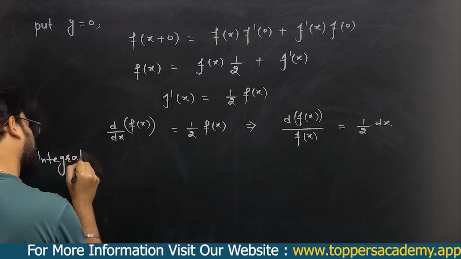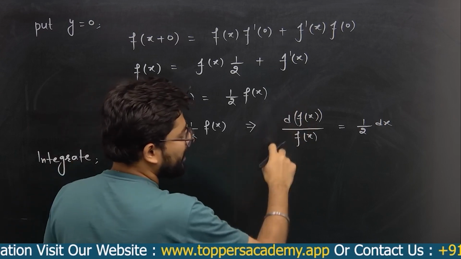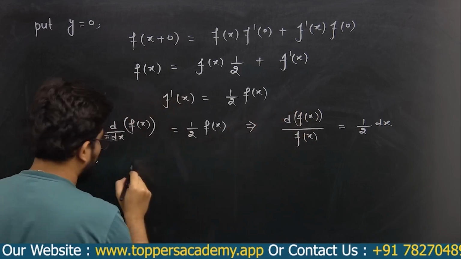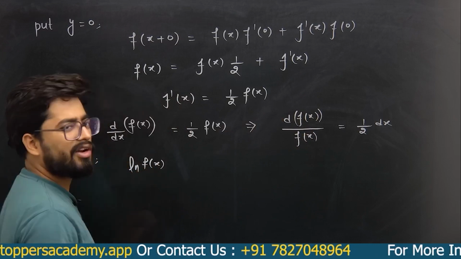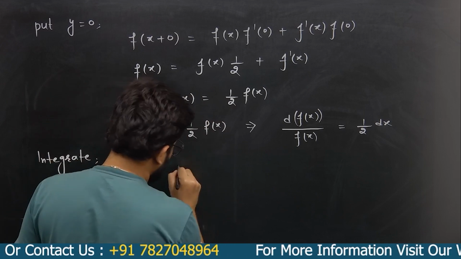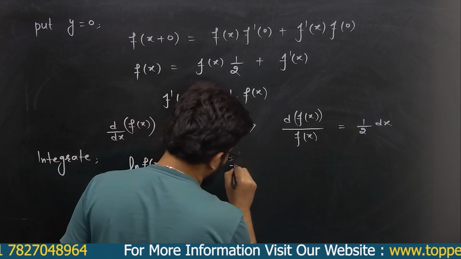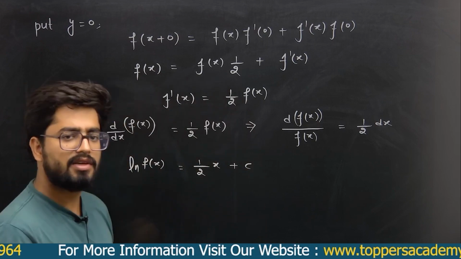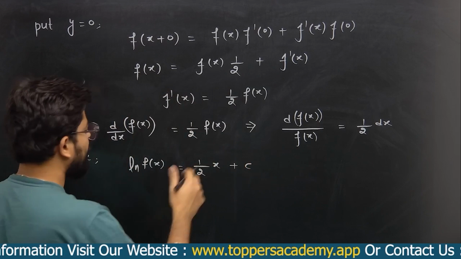After integration, the integral of d f of x upon f of x will be ln of f of x, ln of f of x means log f of x to the base e. So ln of f of x is equal to half times the integral of dx, which is x, plus some constant of integration. Now you have to find the value of c.